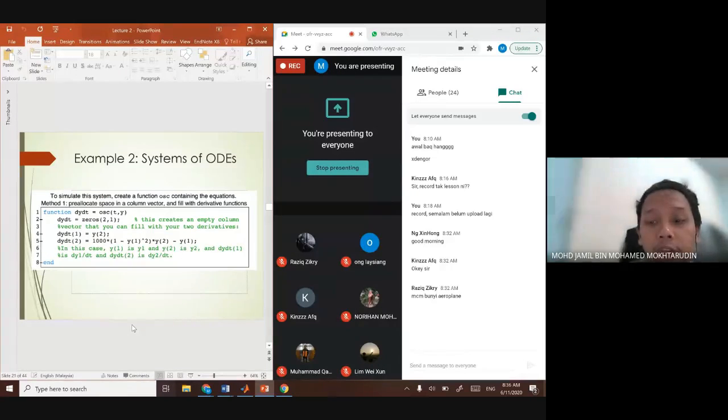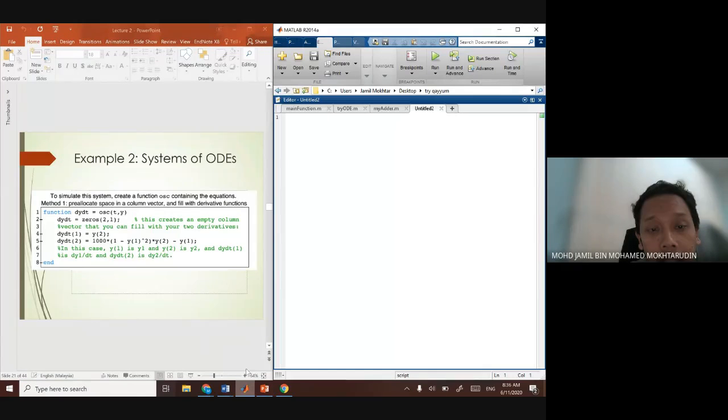For a system of ODE, we code with the same steps as yesterday. First, you need to write the function of the ODE, the function dy/dt. Let's give the function the name cuba9, for example. The inputs are t and y.